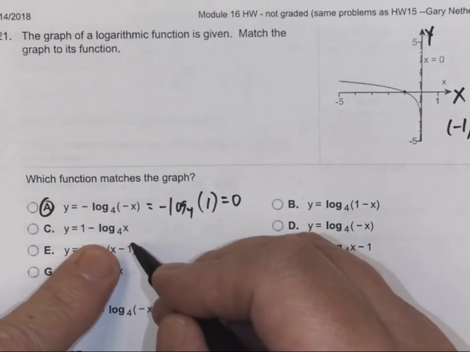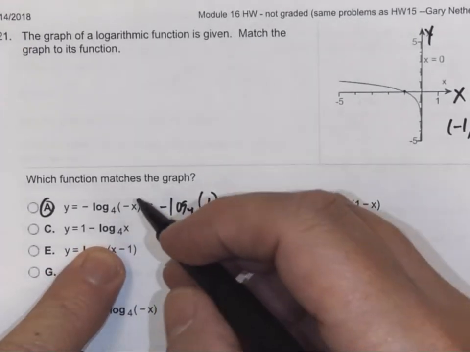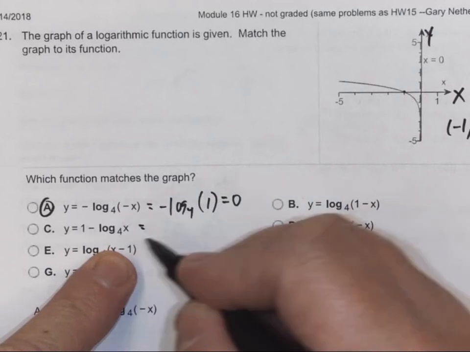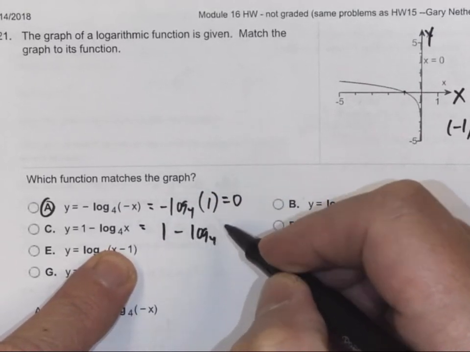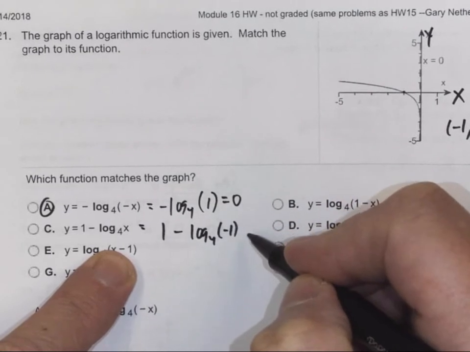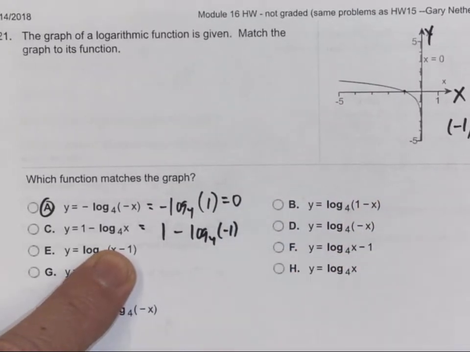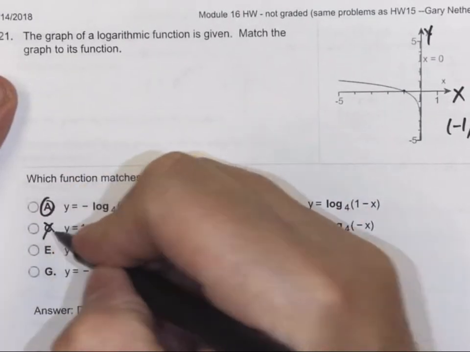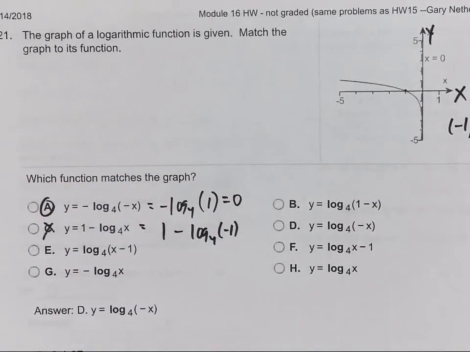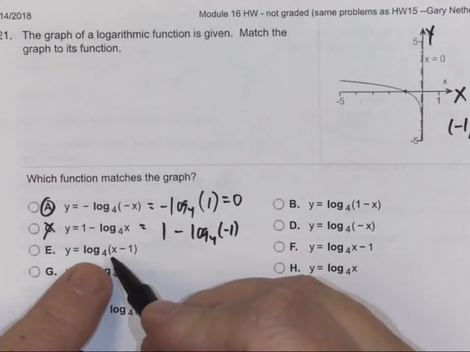How about this one? If I plug in -1 for x, I get 1 minus log base 4 of -1. You know what I do right away? Trying to take the log of a negative number. I can't do it. That's definitely not going to be the equation. How about this one?